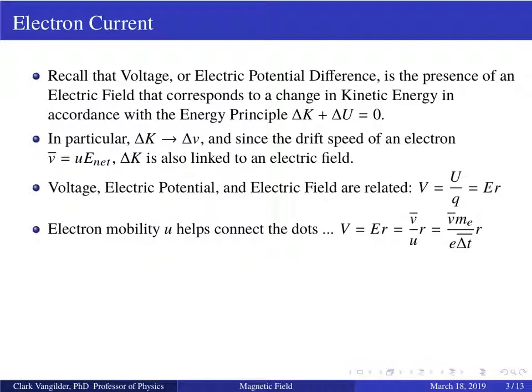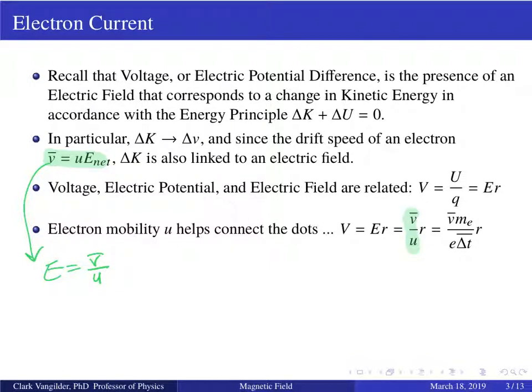And so now, if you remember, E would be V bar per electron mobility.